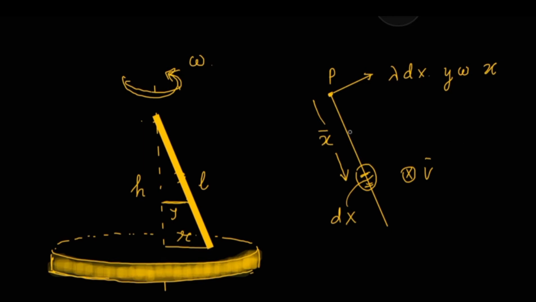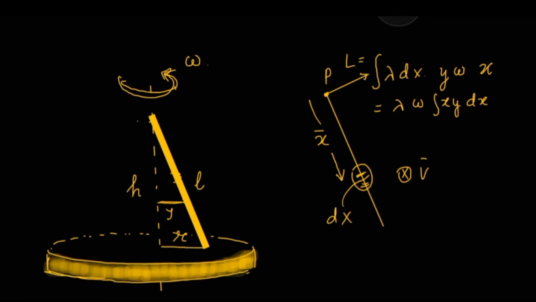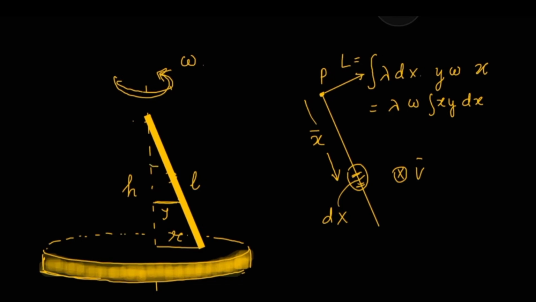And since there are many elements in this rod, we have to integrate this to find the total angular momentum. So this is the total angular momentum of the rod. Lambda and omega are constant quantities. Integration of x y dx. Suppose this angle is theta, so y will be x sin theta.